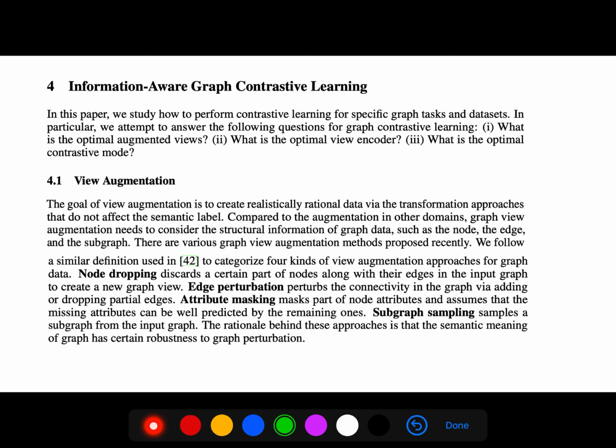We follow a similar definition to categorize 4 kinds of view augmentation approaches for graph data. You either can do node dropping, you can do edge perturbation, you can do attribute masking, and this one is also important, subgraph sampling, which samples a subgraph from the input graph.